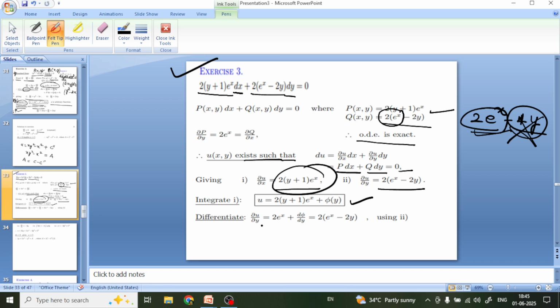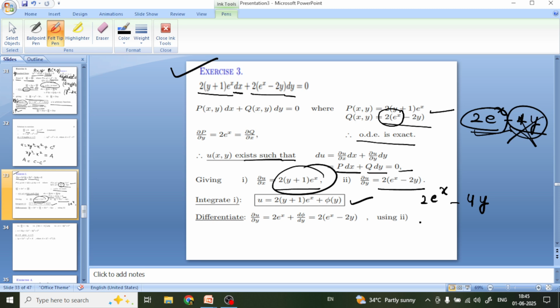Now differentiate. When we differentiate with respect to y, from the second equation, 2e raised to power x minus 4y.